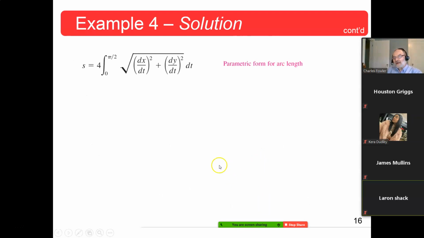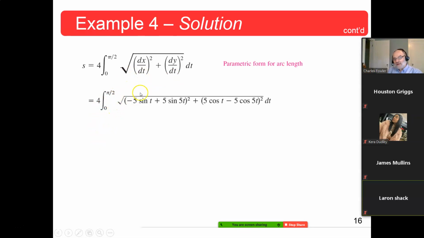So here's the formula I had written down. S is equal to 4 times the integral from 0 to pi halves of the square root of dx dt squared plus dy dt squared dt. Okay? Now, just like we did before, we took 4 times the integral from 0 to pi halves.